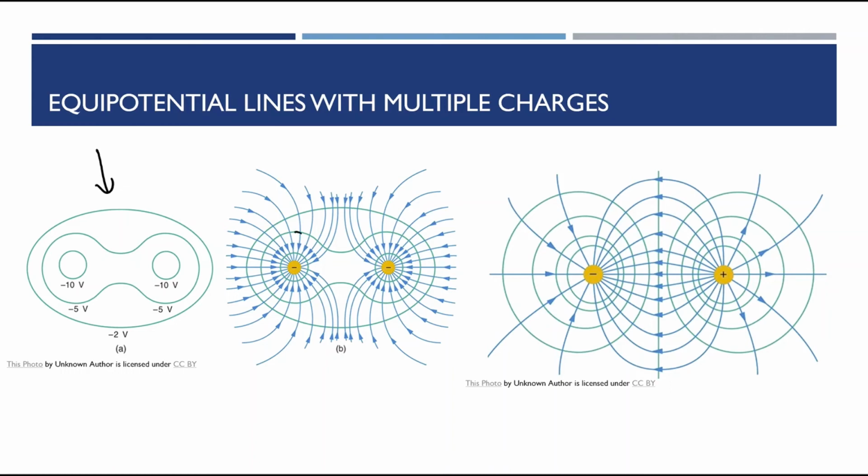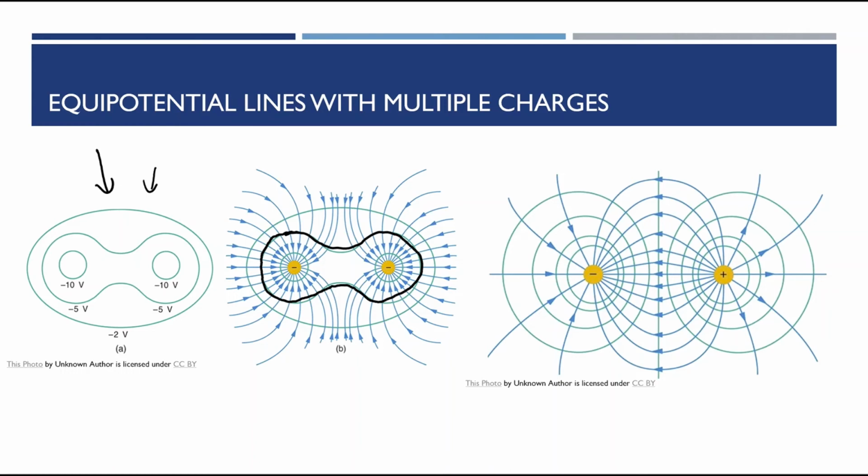So that's all that is happening here, even with this crazy shape. But if we have two of the same charges, like what we have here, two negative charges, we'll get this looking shape, and it'll be the same if we have two positive charges.